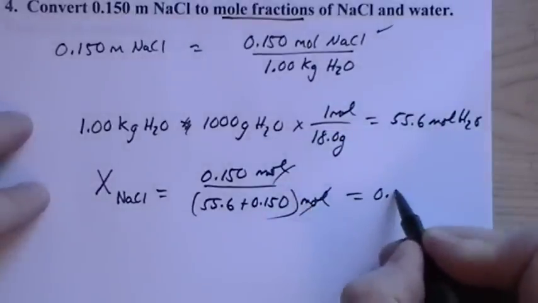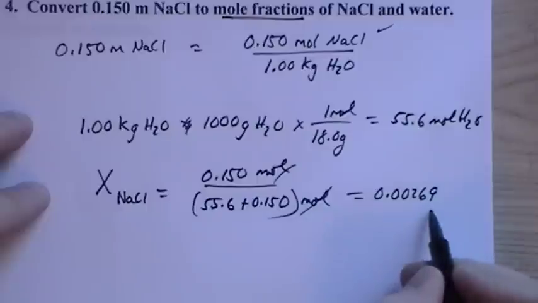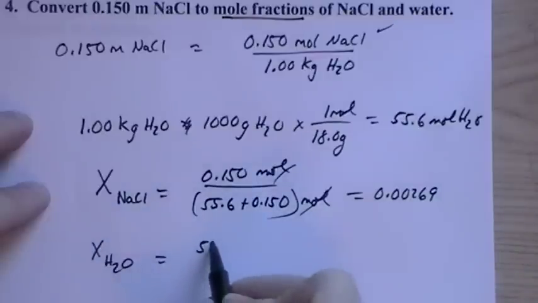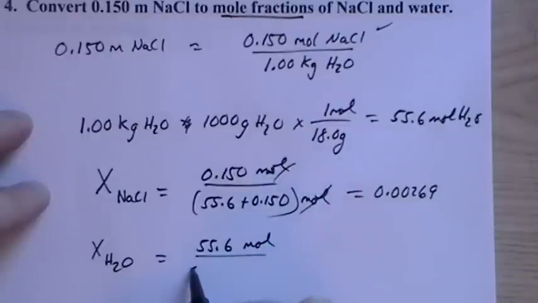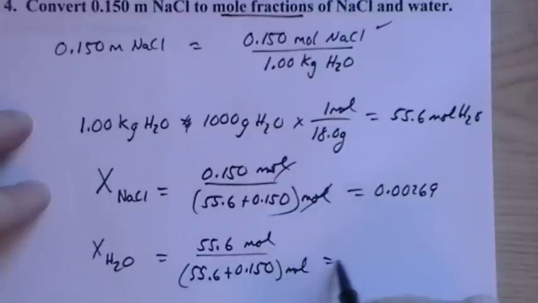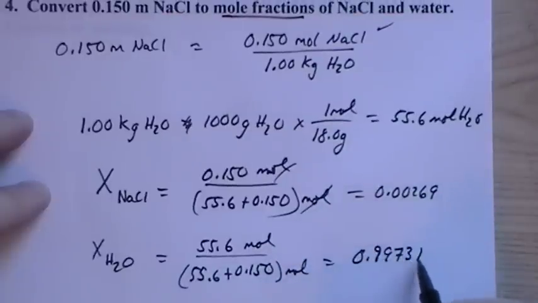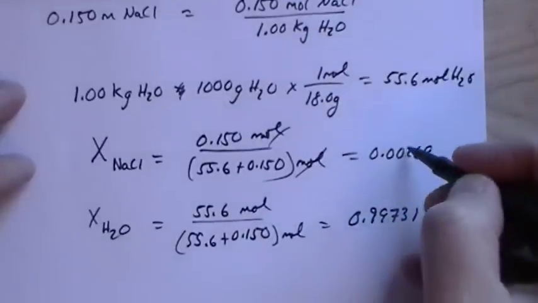So the mole fraction for sodium chloride is teeny tiny, and the mole fraction of water should be pretty large. It's going to be 55.6 over 55.6 plus a tiny little bit, so it won't be 1, but it'll be pretty close. It'll be 0.997, and I just worked it out on the calculator so that we match up exactly with what we have here. So these add up to 1.